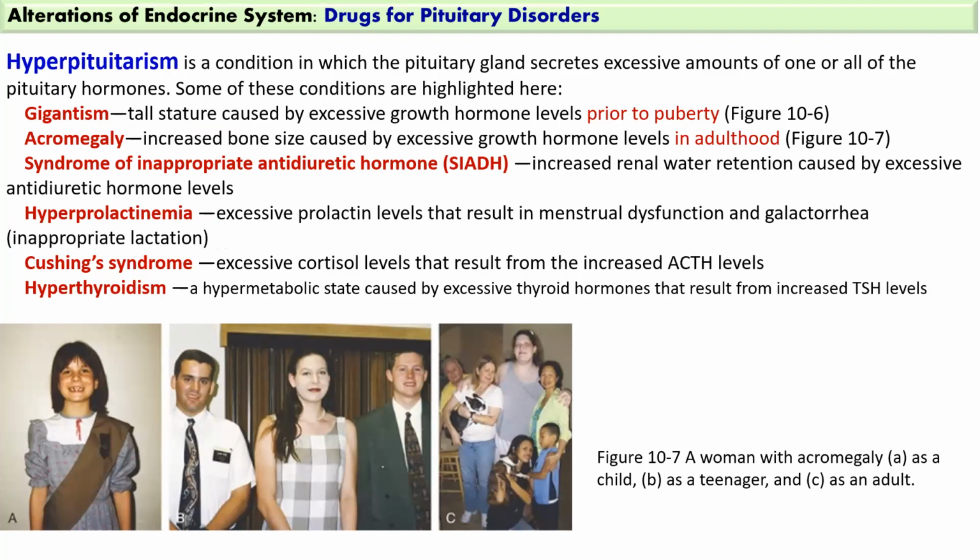So Cushing syndrome is an excessive cortisol level, which has resulted from the increased ACTH hormone production by the P gland. Hyperthyroidism, which is a hypermetabolic state, usually results in increased production of T3 and T4 thyroid hormones in response to an increased TSH, thyroid stimulating hormone, from the P gland.